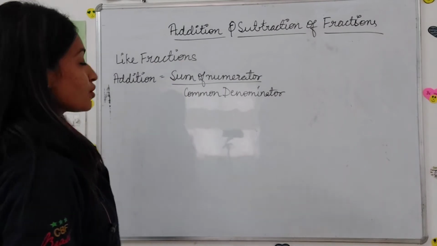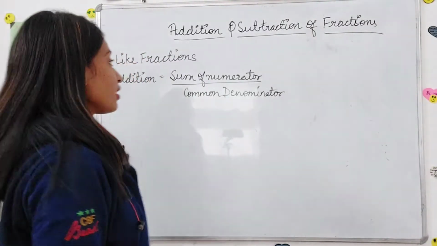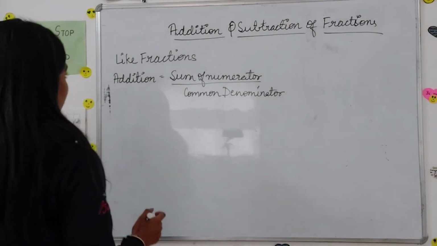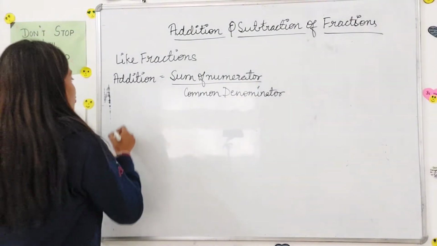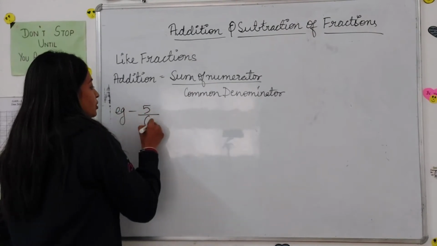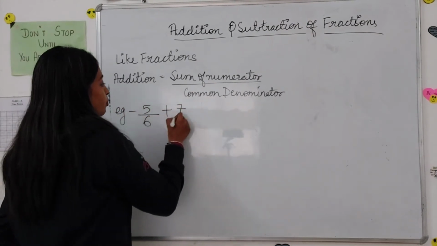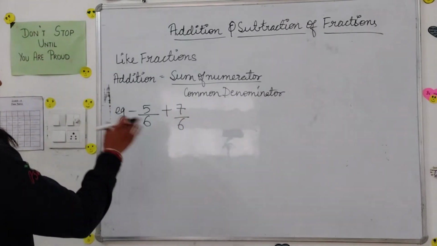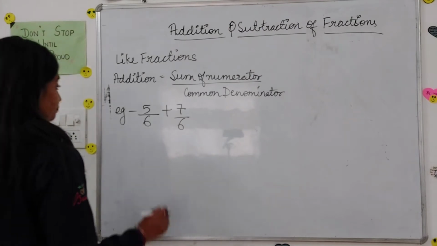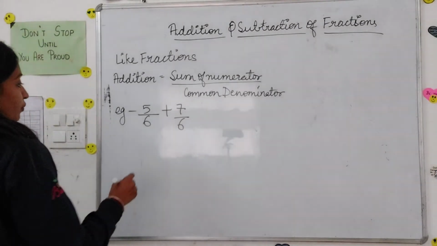Like fractions are those in which the denominators are the same. So let's take an example. Like we have 5 upon 6 plus 7 upon 6. It is a like fraction. So when we have to add like fractions, what do we do?